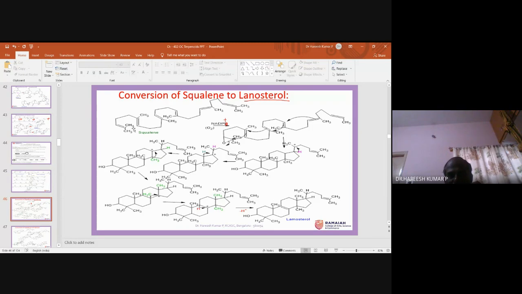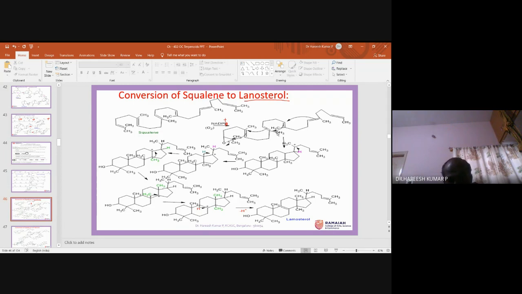Once the terminal double bond is converted into an epoxide, there will be a cyclization. This double bond attacks this carbon, and at that time this one picks up a proton. There will be a new bond formation between this carbon and this carbon, giving a positive charge on this carbon. Then a new bond forms between this carbon and this carbon.